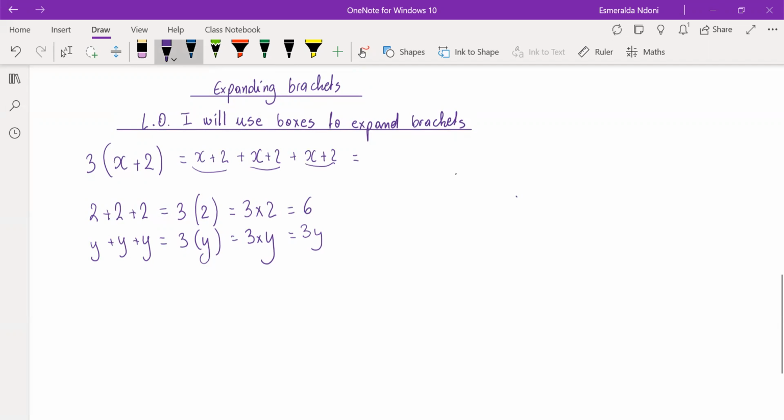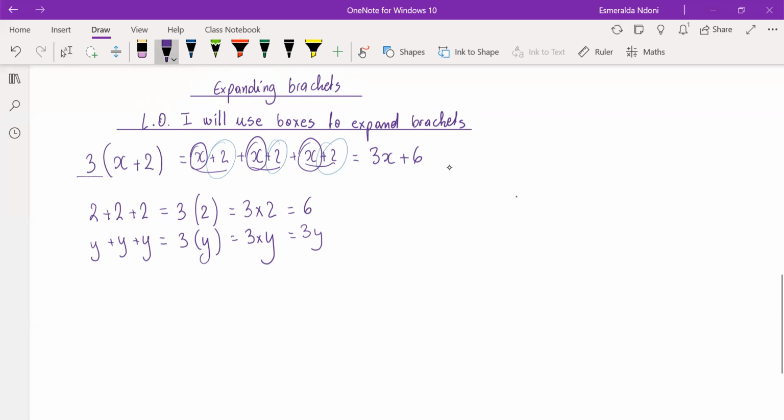So let's just collect like terms. X, x, x, they're the same, so 3 x's. And with the 2's, 2, 2, and 2, that's the same as plus 6. So if you see, I have arrived from 3 brackets x plus 2 to 3x plus 6.